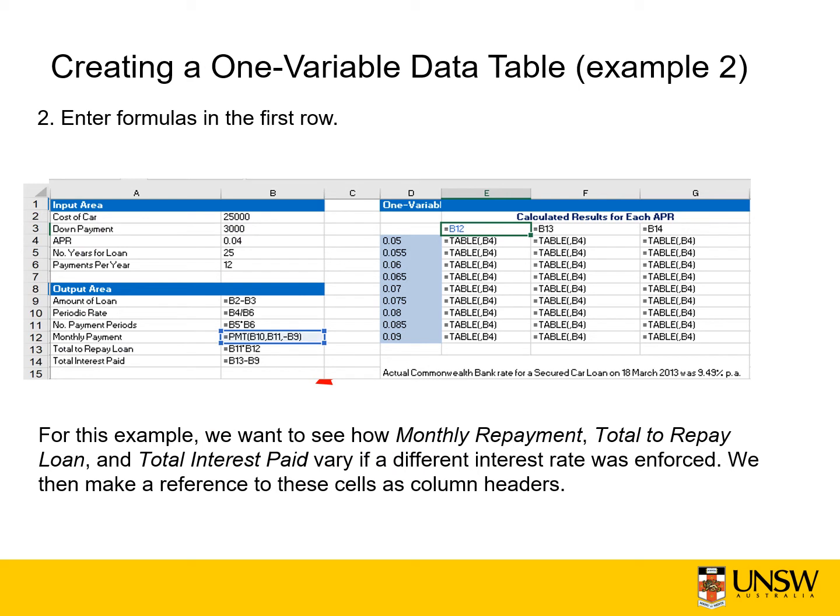Since we want to calculate monthly repayment, total to repay loan, and total interest paid, enter equal B12 in cell E3 for monthly repayment, equal B13 in cell F3 for total to repay loan, and equal B14 in cell G3 for total interest paid.